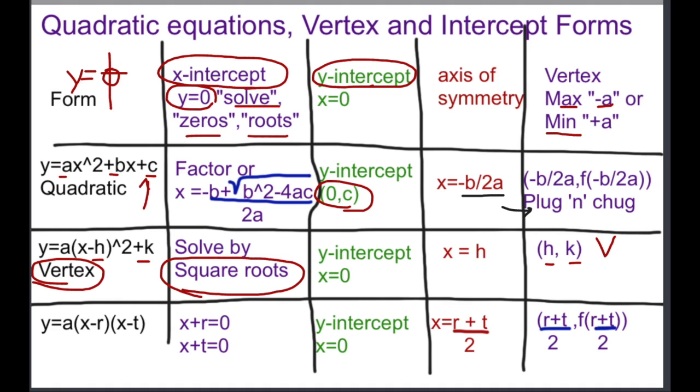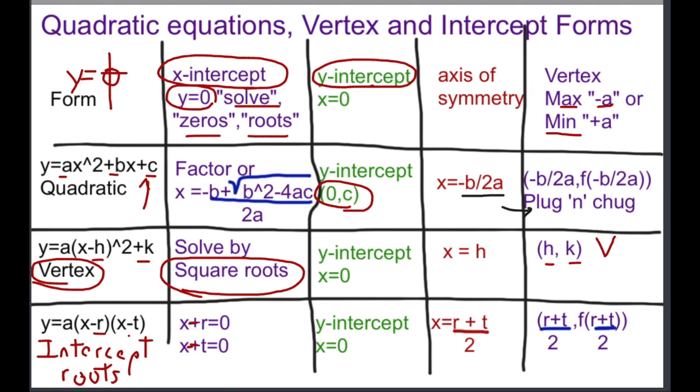Then the last form is called intercept form, and intercept form is good when you know the x-intercepts. I call those r and t, and that actually stands for roots. Find the two roots: x minus r equals 0, and x minus t equals 0.